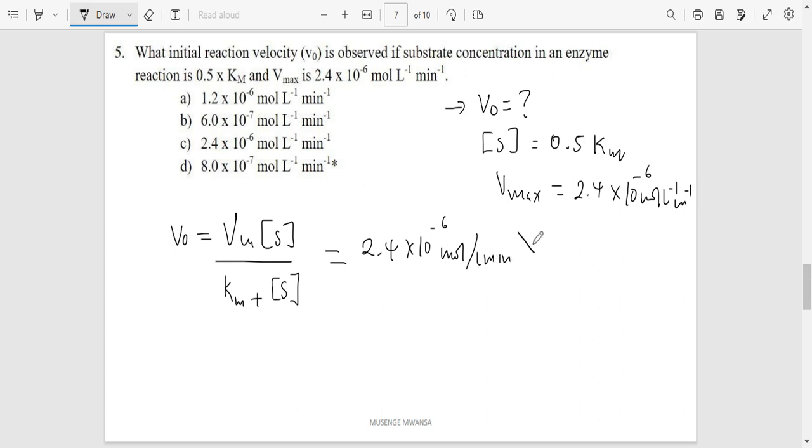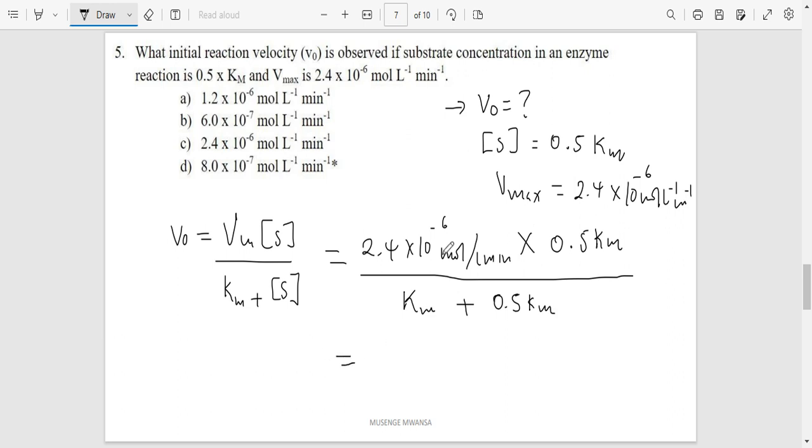And then we are multiplying this by the concentration of the substrate, which is given as 0.5 Km. And that is going to be divided by Km, we don't know the exact value, do we? And then plus the concentration of the substrate, which is 0.5 Km.